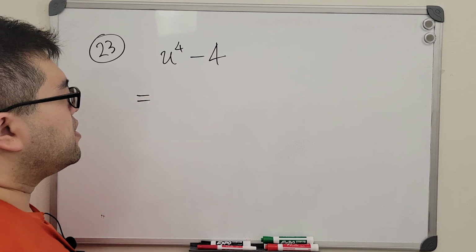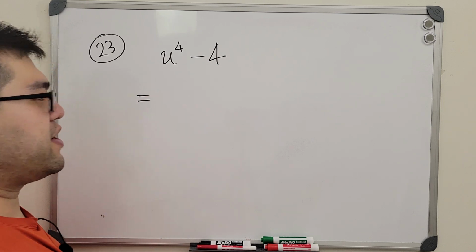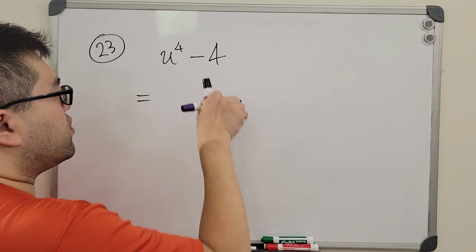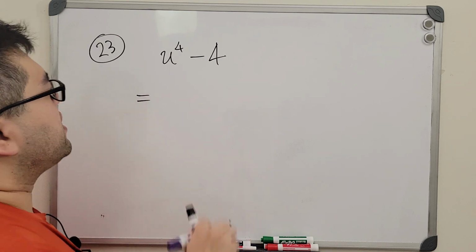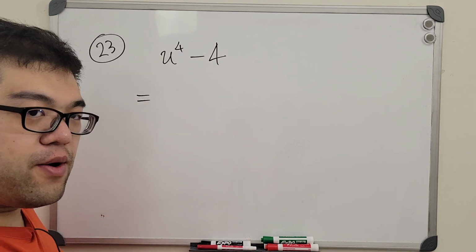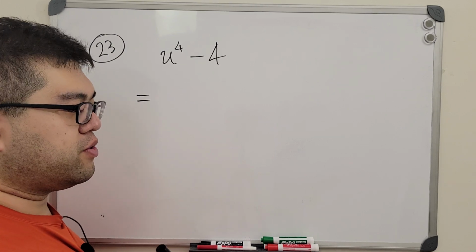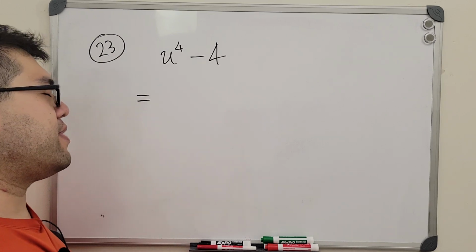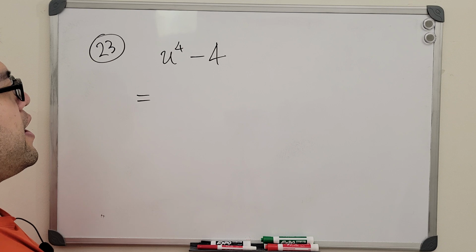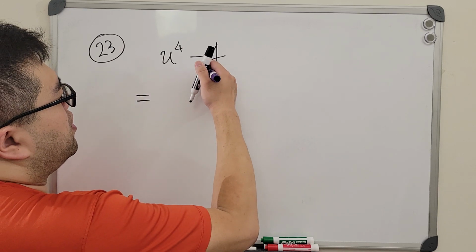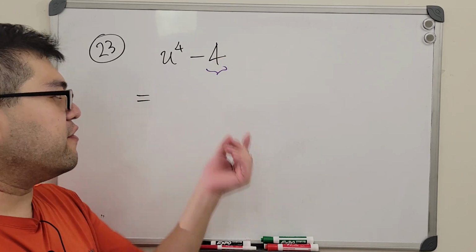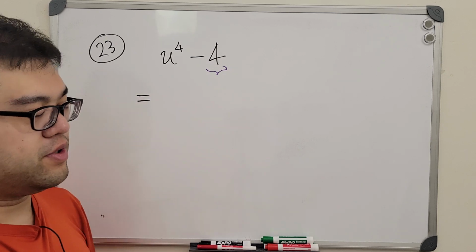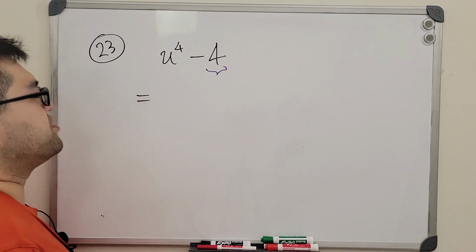Then what should we do? Should we just give up? Well, don't forget that if we have something to the 4th power, that 4th power can also be rewritten as the 2nd power, or squared. And at the same time, we also need to check if 4 is a square of some integer.